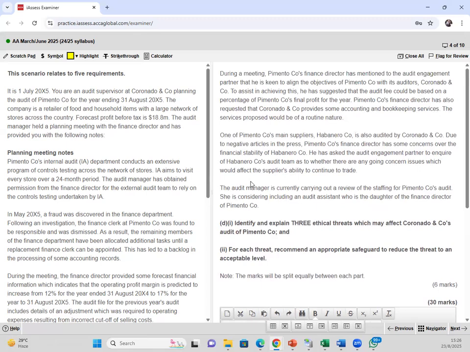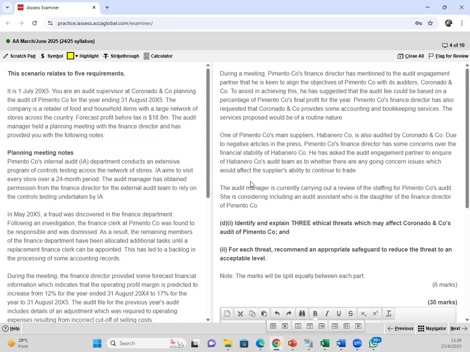The services proposed would be of a routine nature. So there is a danger of self-review threat, as we might end up reviewing some of the work that we prepared. So what then should be done?